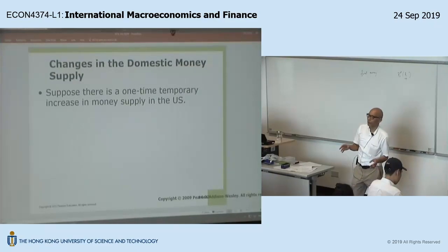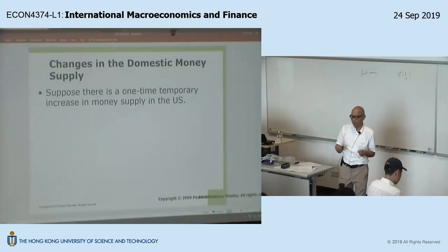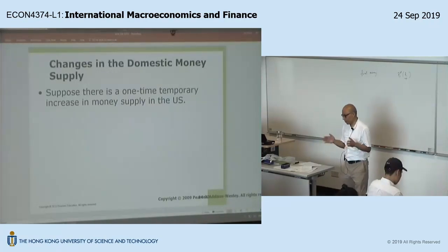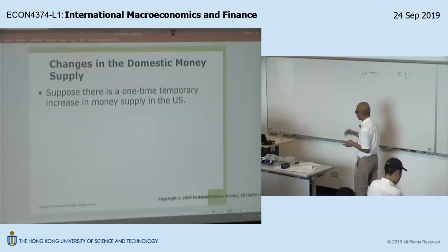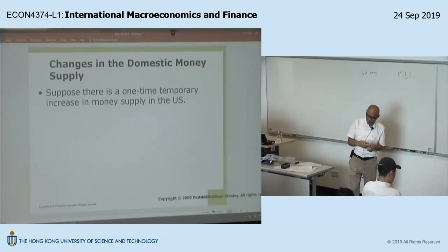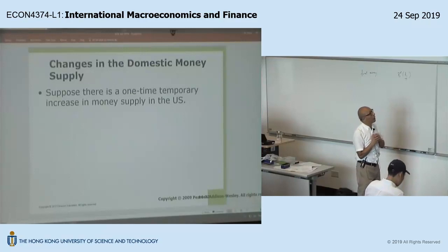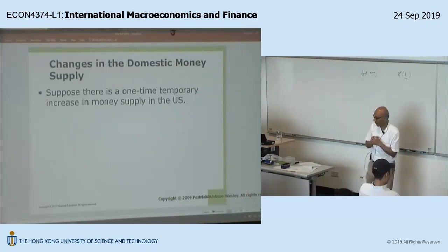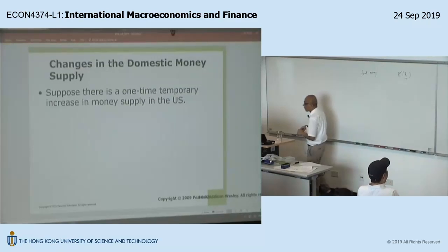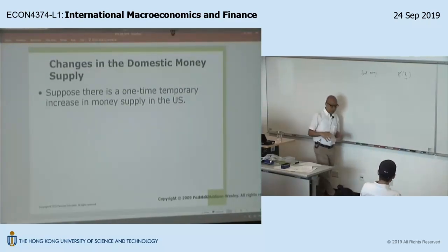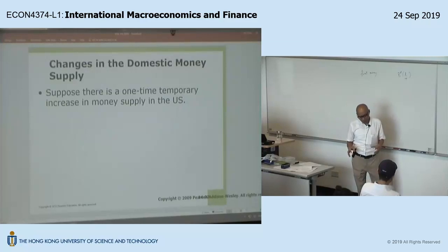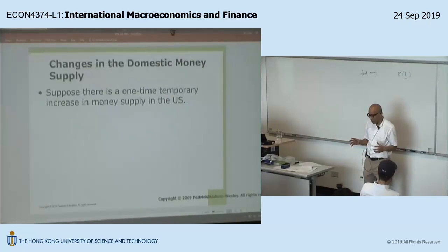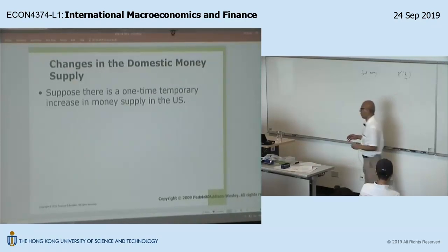By temporary, we mean that it only occurs in one period. Think about this in discrete time. It's only increased for one period, and then in the next period, it's going to go back to the old level. So it's a temporary increase, so it's not going to have any permanent effect.